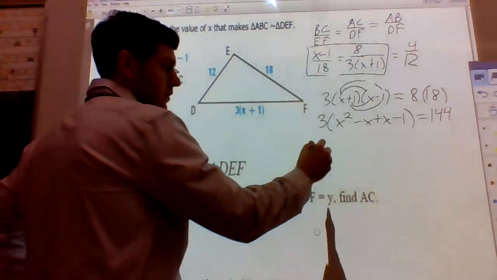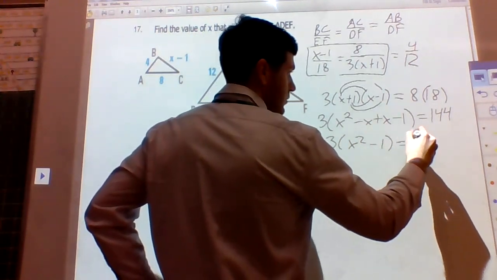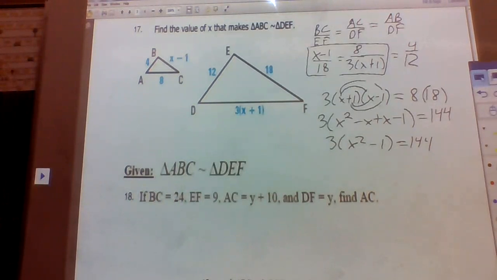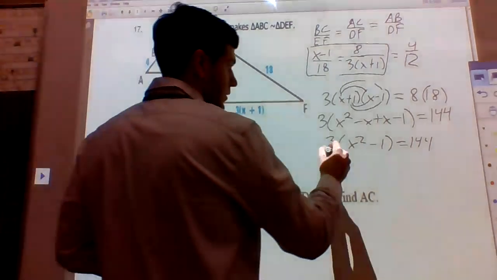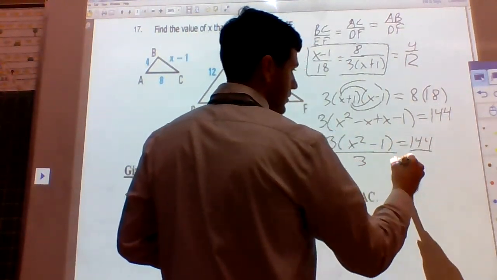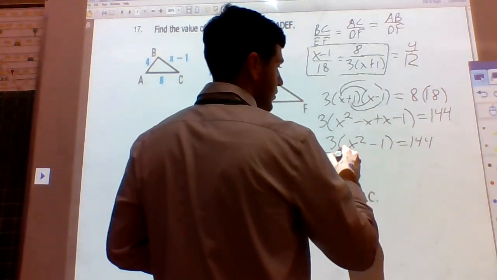I'm going to combine like terms. So 3x squared minus 1 equals 144. We can divide both sides by 3. Well, to make it easier, let's distribute the 3.